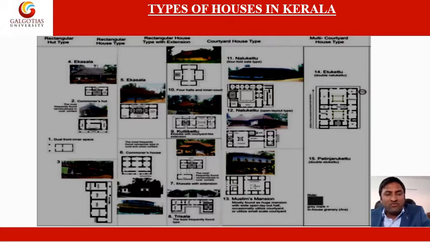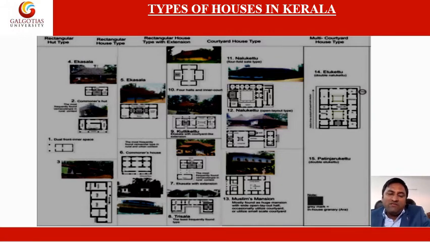We can again bifurcate the houses into five categories: rectangular hut type, rectangular house type with extension, courtyard house type, and multi courtyard house type. In the first column we are discussing the rectangular hut type structure. It may be of one room, two rooms, or a maximum of three rooms. The maximum three room type is called ekshala.